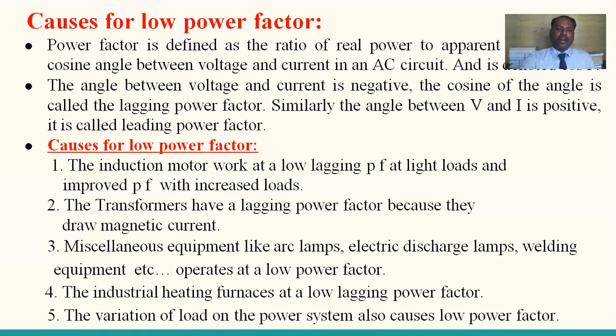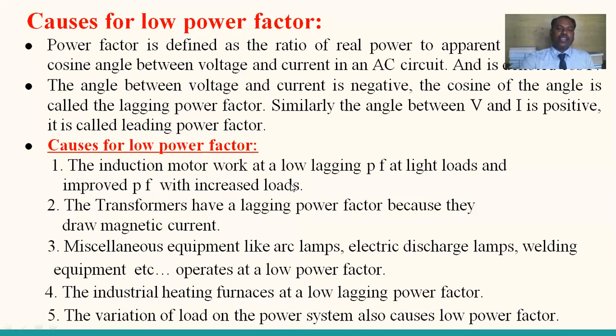In addition to all this, load variation is also one of the major causes of low power factor. How can you justify this? Load variation means the magnitude of current changes, and current and power factor are inversely proportional to each other. Therefore, load variation on the power system also causes low power factor.